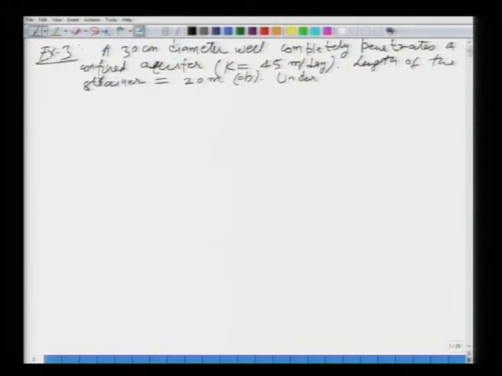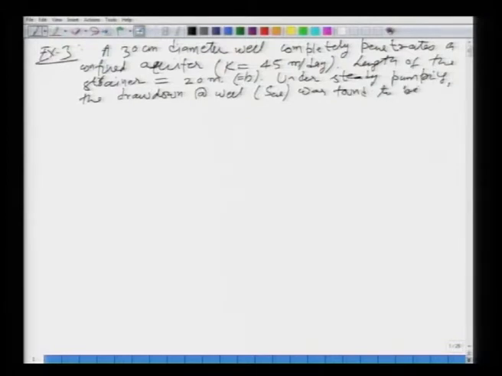Other information that is given is that under steady state pumping, the drawdown at the pumping well, that is SW, was found to be 3 meters, under steady state conditions.